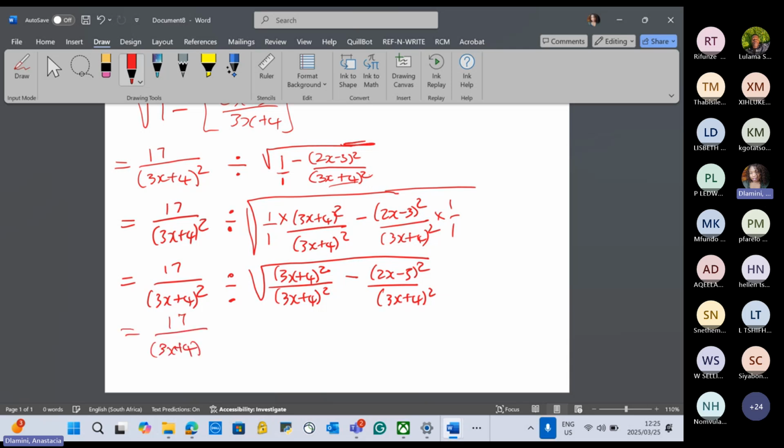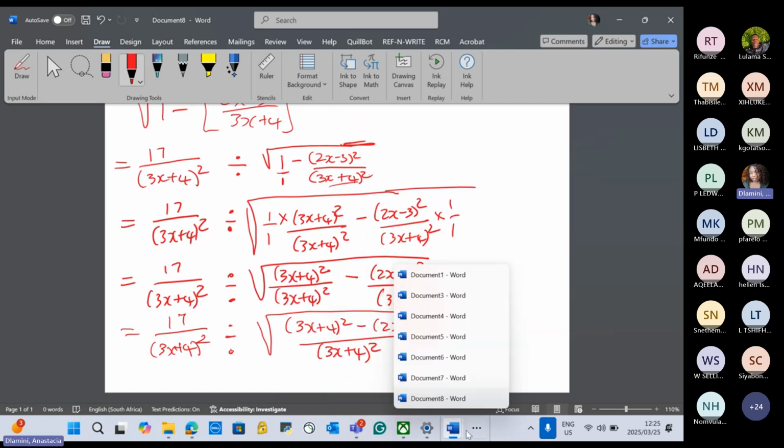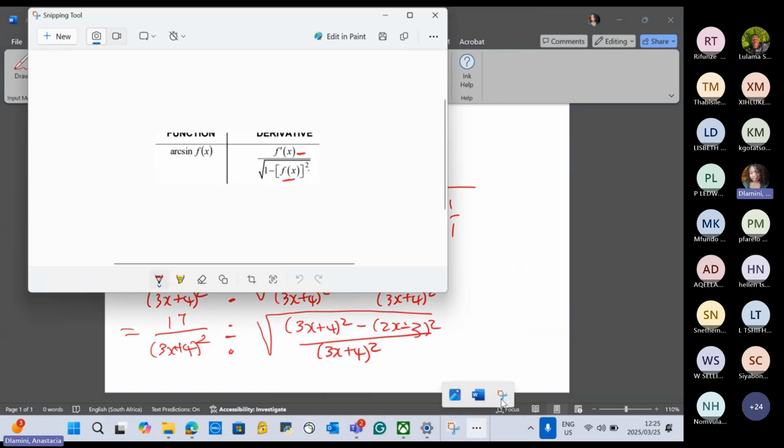Now, divided by, are we together there? The square root of 3x plus 4 squared minus 2x plus minus 3 squared over 3x plus 4 squared. Then what do we do? From here, there are so many ways of killing a cat. What do we do?